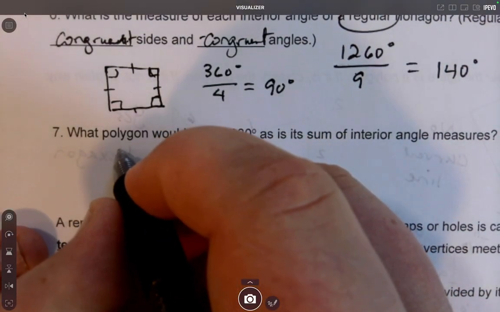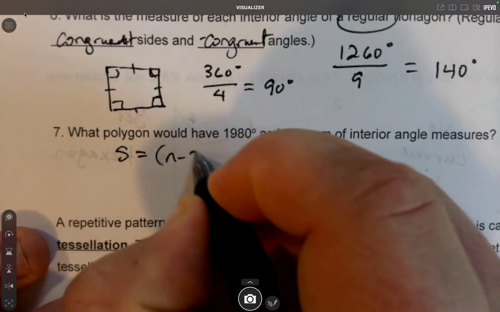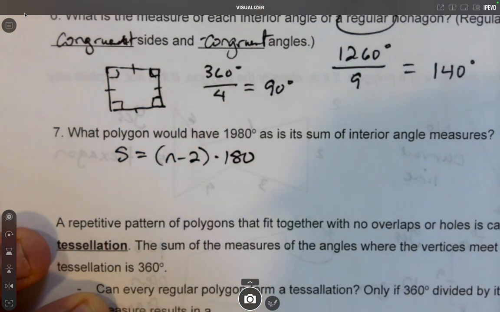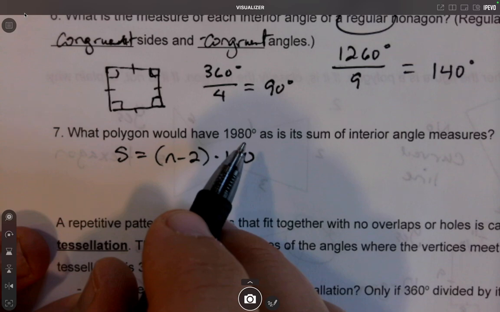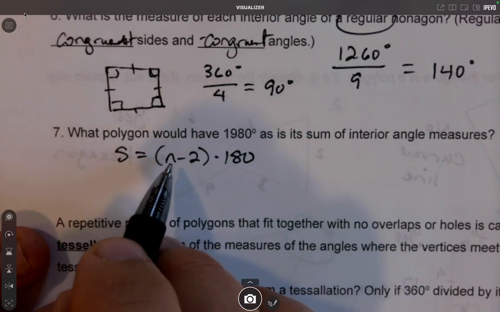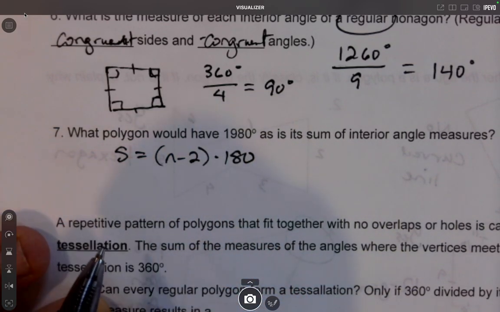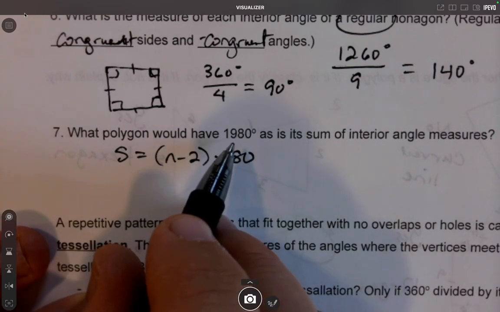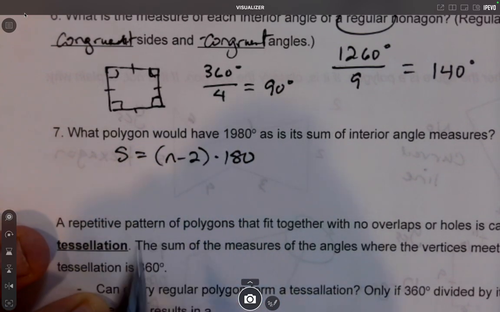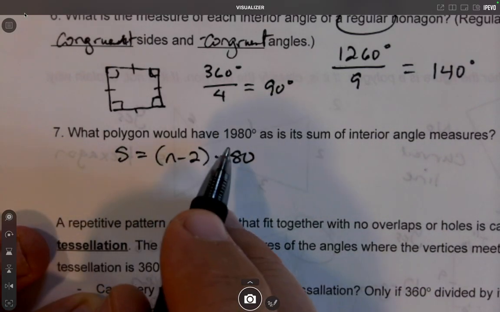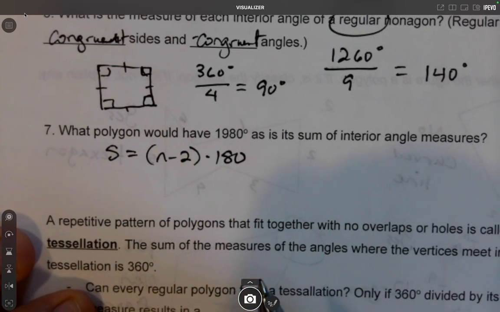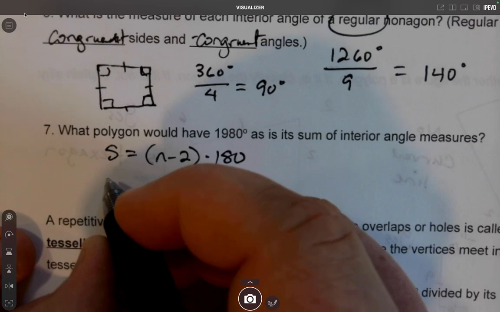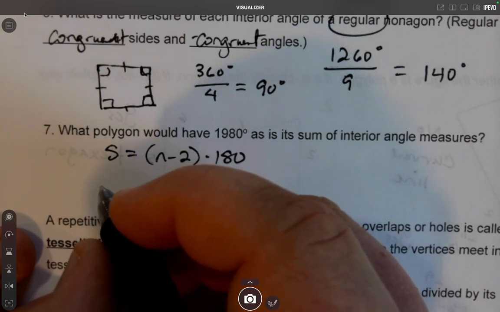So this formula is really S equals n minus 2 times 180. So when they tell us how many sides, or they tell us the name of a shape, we can plug in for n and find the sum. But we can also plug in the sum for S and find the number of sides it has. So that's what they want us to do here. They say, what polygon would have 1,980 degrees as the sum of its interior angles? So we plug in 1980.